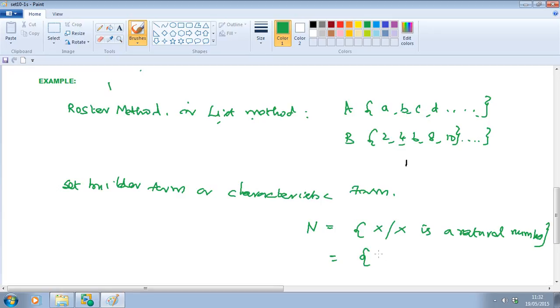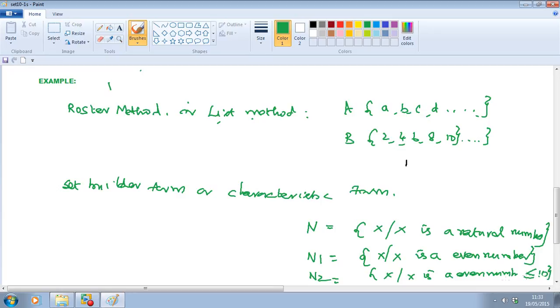We can also say x is an even number. Or we can mention it like this: N2 equals the set of x, where x is an even number less than or equal to 10.